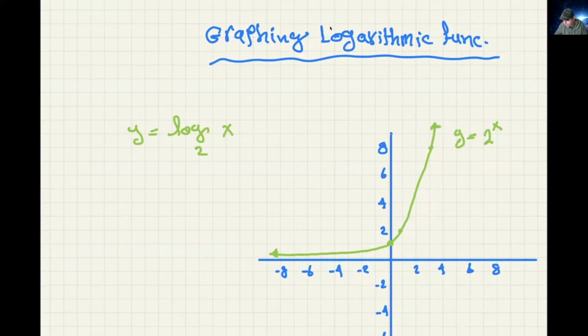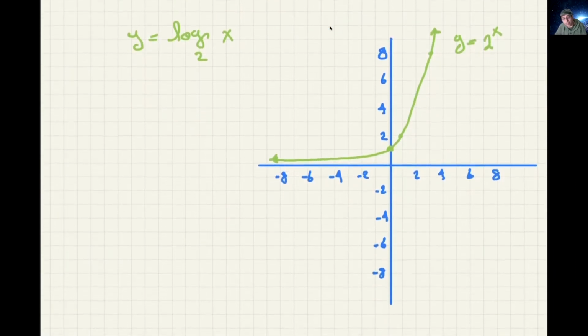So I start by graphing y equals x, and then graph the other function as the reflection of the function y equals 2 to the x. Okay, so let's start by graphing the line y equals x. So this is y equals x.